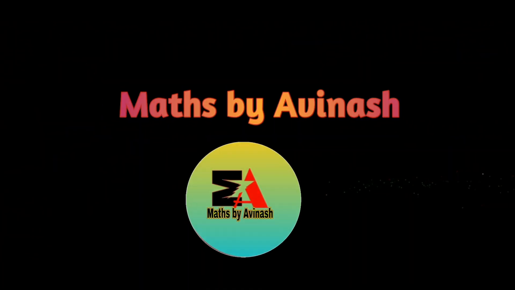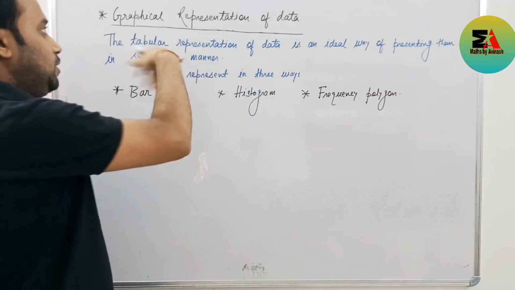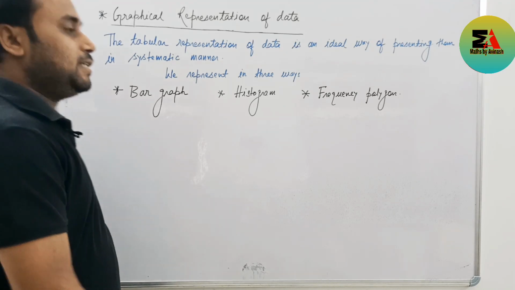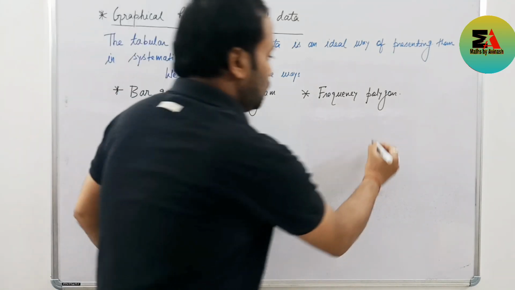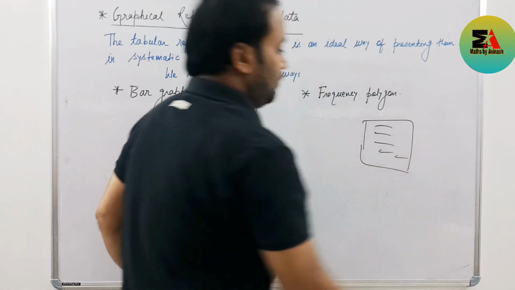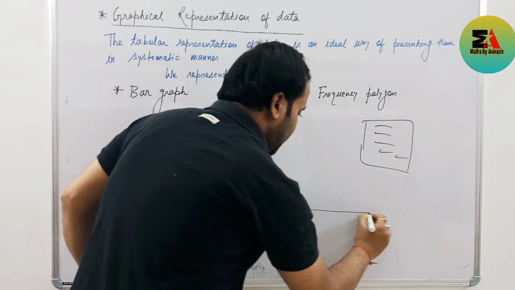Today we will discuss graphical representation of data. What is a graphical representation of data? Suppose we have a collection of data here. We represent the data in a pictorial form.